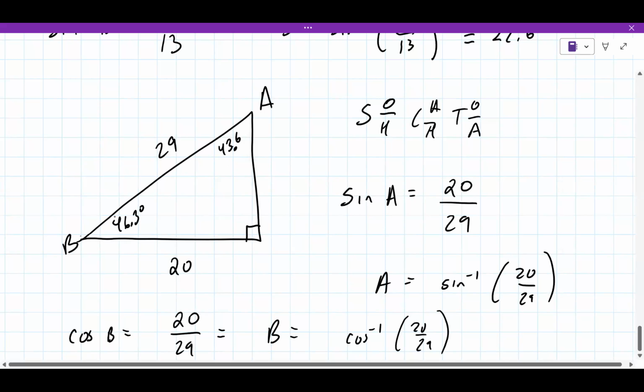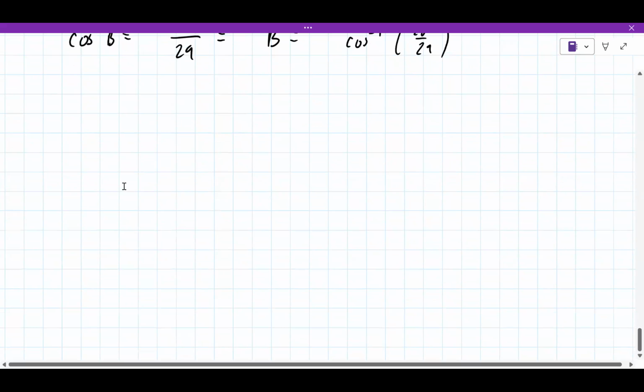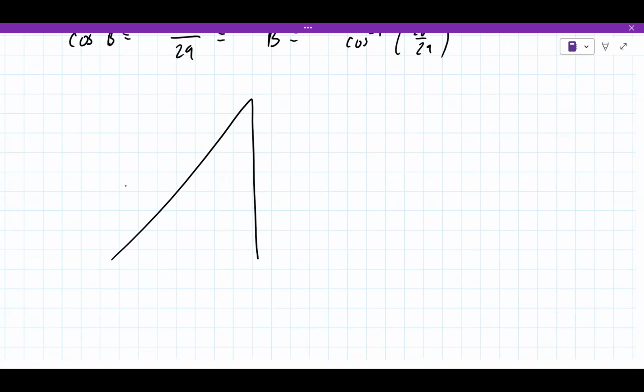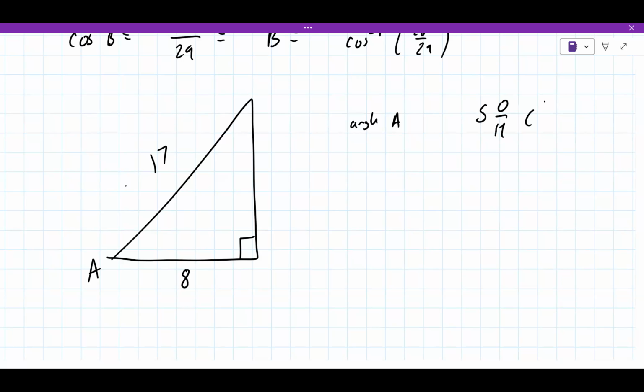Here's a final problem for you to work on. Let's say that this is 8 and 17. I want you to find angle A. It's just like we've been doing. Figure out which one to use, figure out the two sides, and use the inverse function.